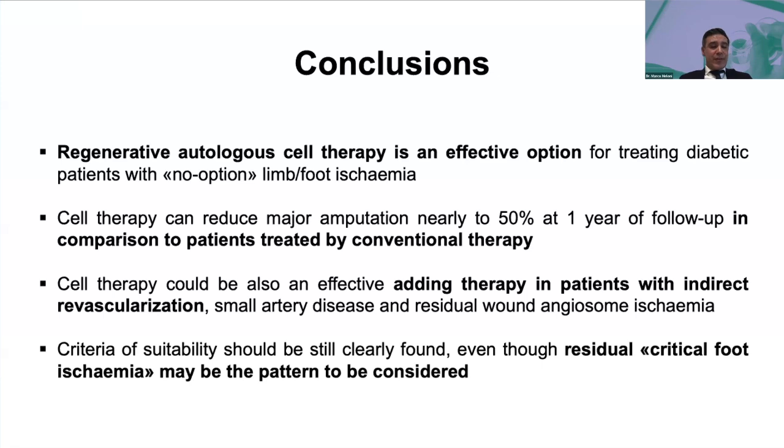And of course, further studies are useful to identify which patients are suitable, and what the predictor factors are of successful or unsuccessful treatment with regenerative therapy. Thank you very much for your attention.